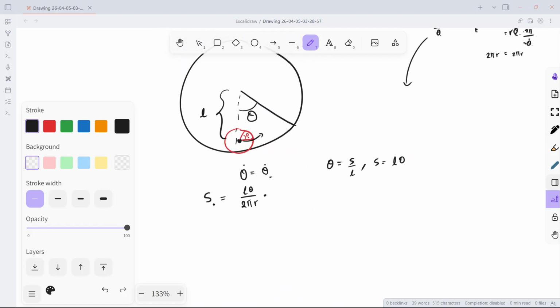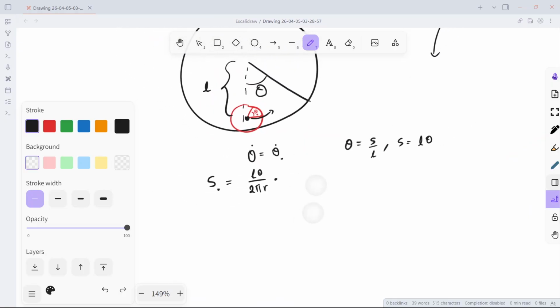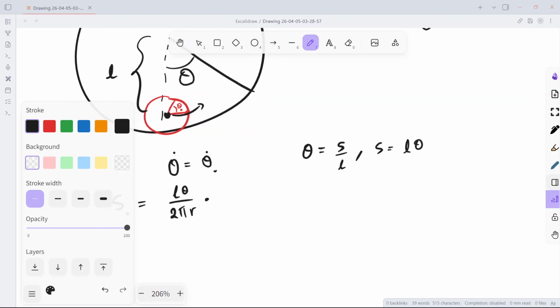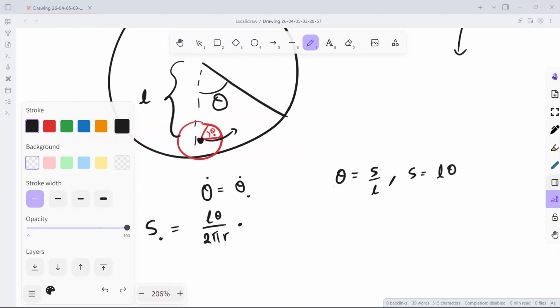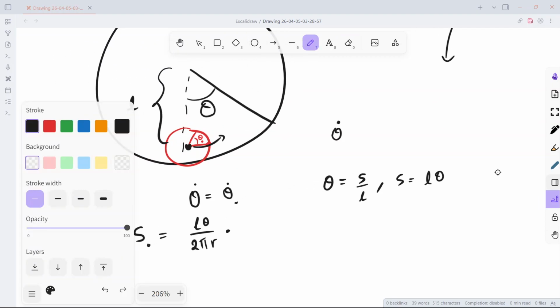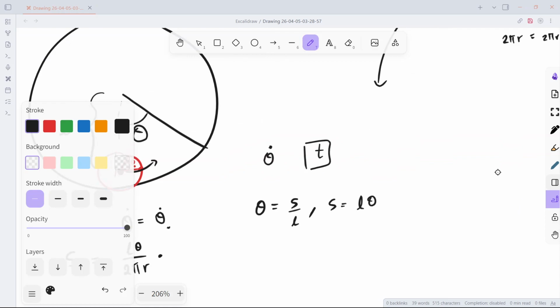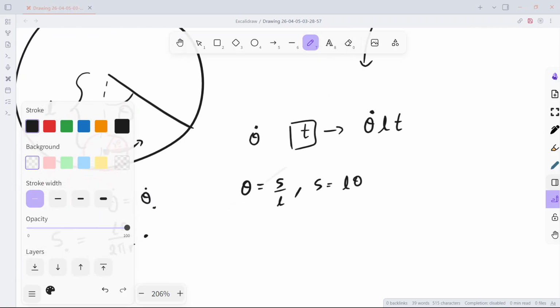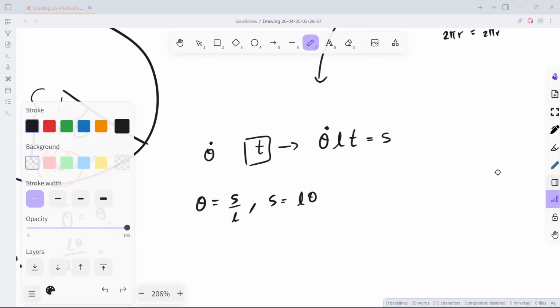I have to bring in a time parameter. Okay, let's assume that we're moving at angular velocity theta dot. In time t, we traverse theta dot times L times t distance.